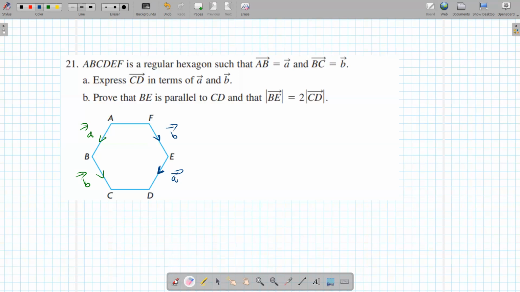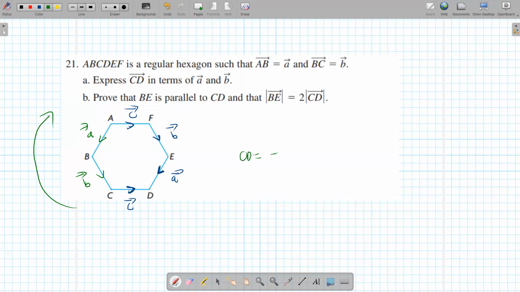Right, CD. So we want this vector, from here to here, in terms of A and B. Let's call this vector C, okay? Would you agree? This is C. Then this up here also must be C, yeah? So now check this out. CD, how do you get C to D? We're going to go this way.